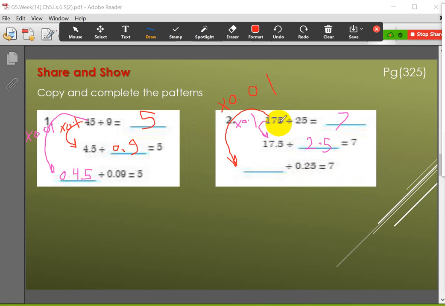That means this 175, if you move the decimal point to the left side 2 digits, the point will be between 1 and 7, so it will be 1.75. And also the division will give me the same quotient, which is 7.